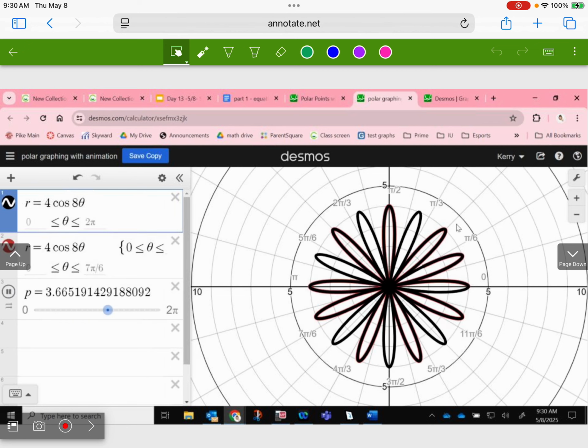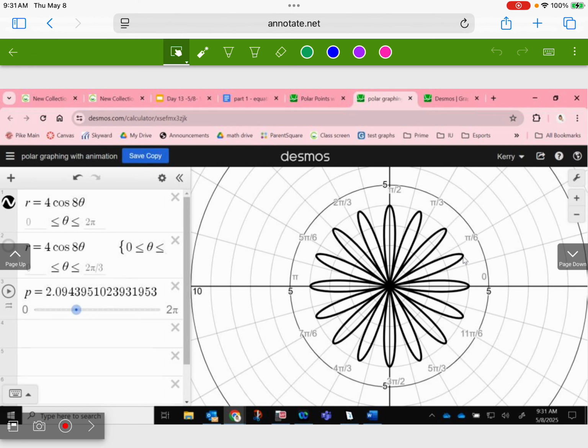But look at where our maximums are. Hang on, I'm going to turn off the animation because that's just being annoying right now. We have like maximums in between pi over 6 and 0. We have one at pi over 4, in between pi over 3 and pi over 2. So there's a lot of weird places for this.